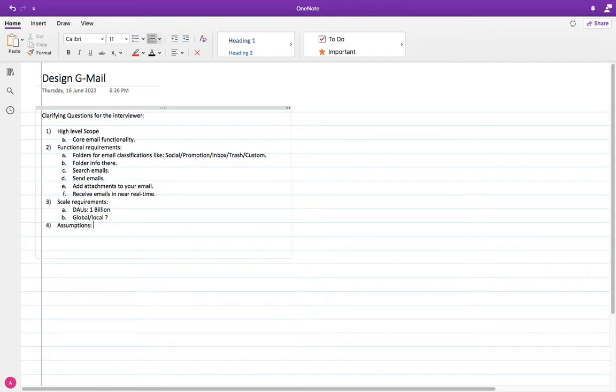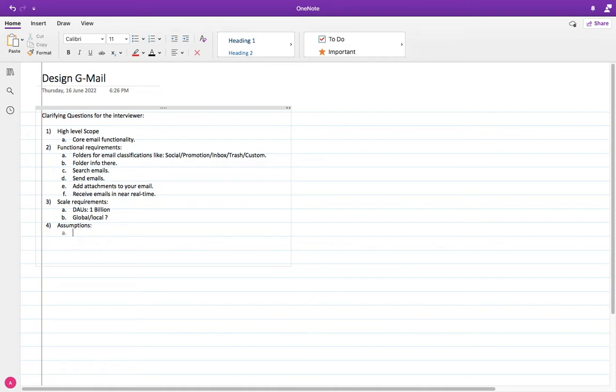All right. So you need to clarify with the interviewer whether the assumptions you are taking are valid or not. So in this case, you asked about the daily active users, right? So there could be a lot of assumptions you might have to take regarding the usage pattern of this application.